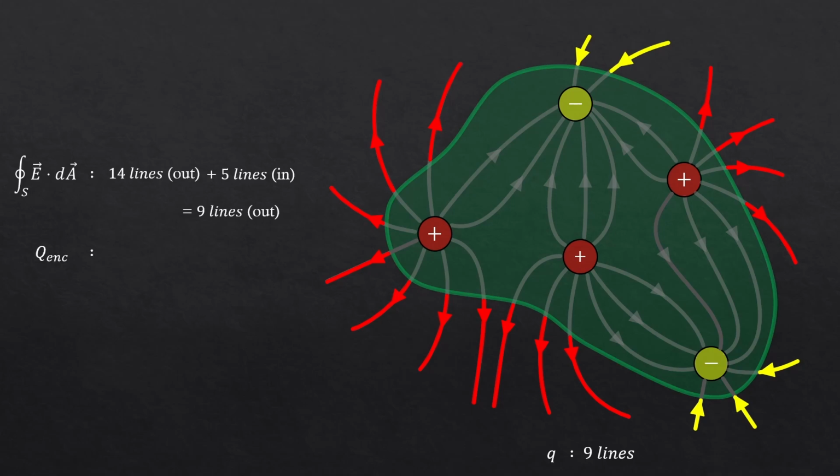Now, let's see what the total charge is. 3 plus Qs and 2 minus Qs, so 1 plus Q in total. Look, we have 9 lines going out in total and 1 Q in total. Perfectly equivalent. This was what Maxwell proposed. He showed that electric field lines do exist, and they can tell us how many charges are in there.